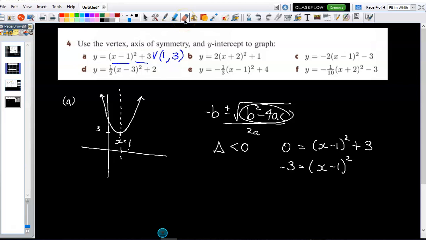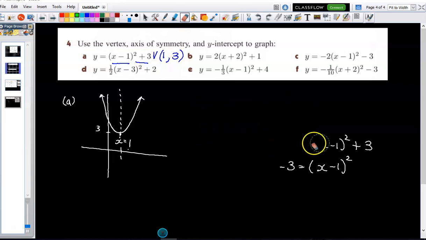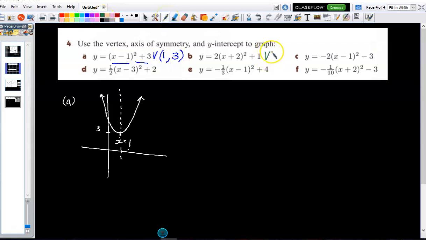All right, what about B? What's that going to look like? What is my vertex for this one, please? It is -2, 1, right? Reverse the sign, because that shifts it. This is our horizontal translation.